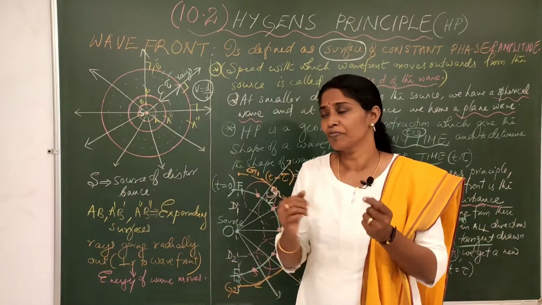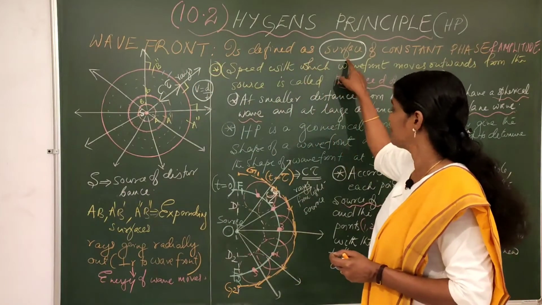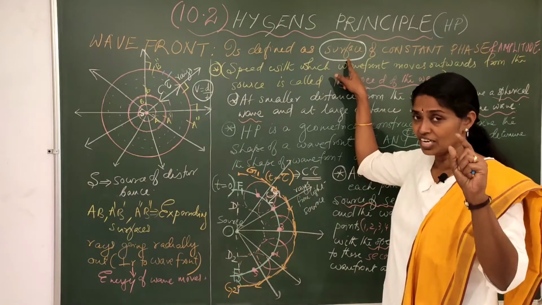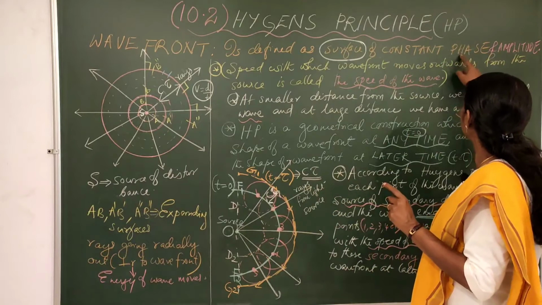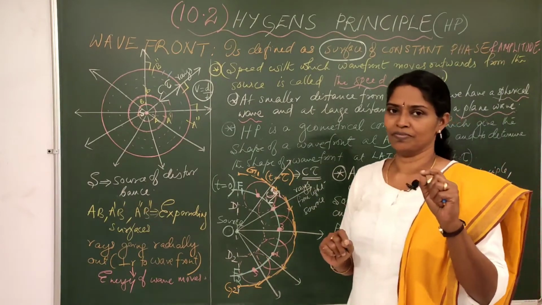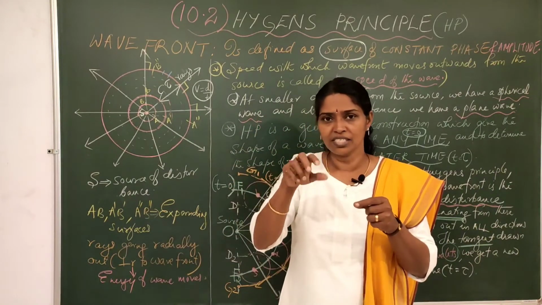So what is a wavefront? Wavefront is defined as a surface, underline surface, not line, it is a surface of constant phase and amplitude. Again, come back to the bucket. We have circles. Why?